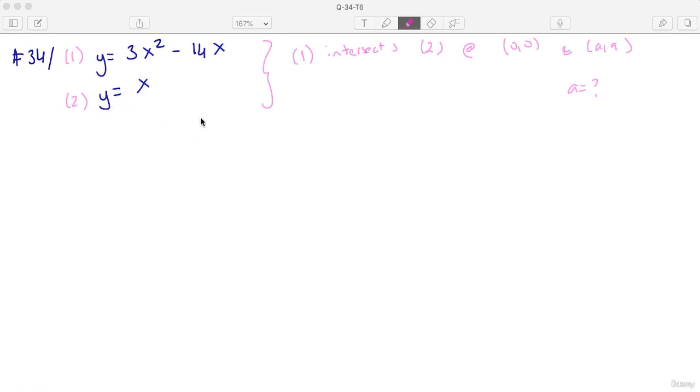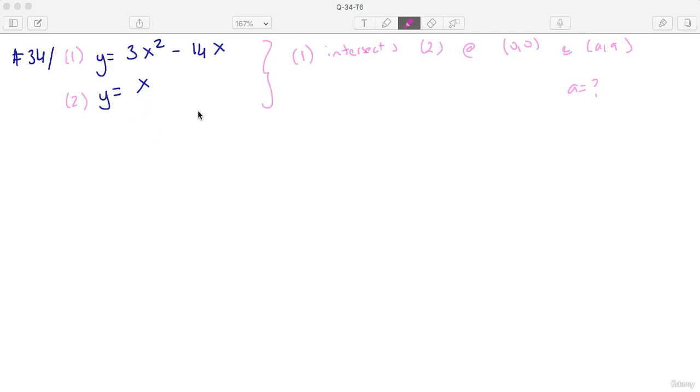Note what's happening here. One way to think about this is as a system, because these are the solutions. That means at these points, both of these equations are satisfied. But when does that happen? When we are solving a system. So we can treat the two of them like a system of nonlinear equations, because we have a second degree here and a first degree here.